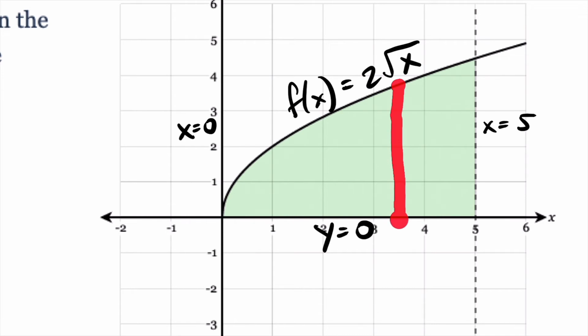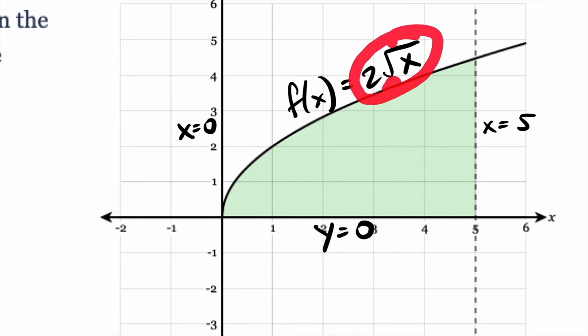But how would I find the distance here? You ready? I would plug the x value into f of x. I would plug it in here to find this. And then what would I do?